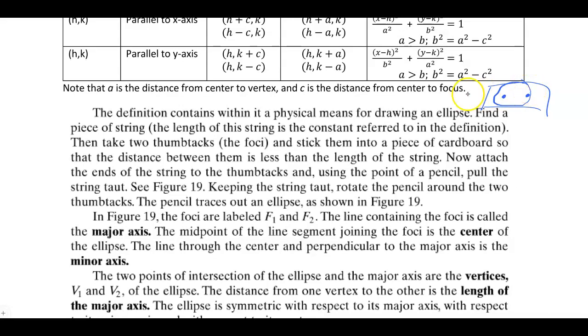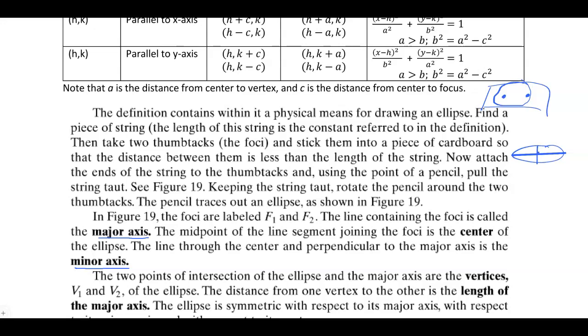Okay, you're going to have something called a major axis, and you're going to have a minor axis. The major axis is going to be the longer of the two. The minor axis is going to be the shorter of the two. So if we have an ellipse that opens this way, our major axis goes from vertex to vertex. The minor axis is going to be this one.